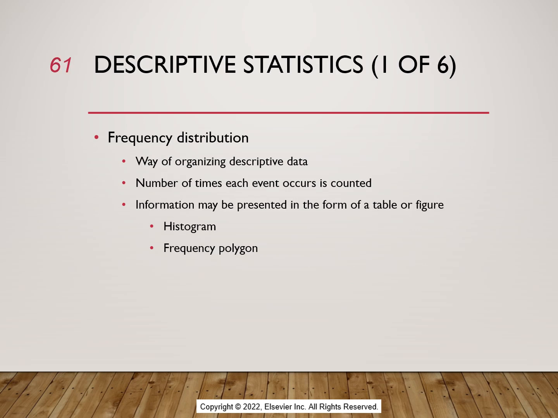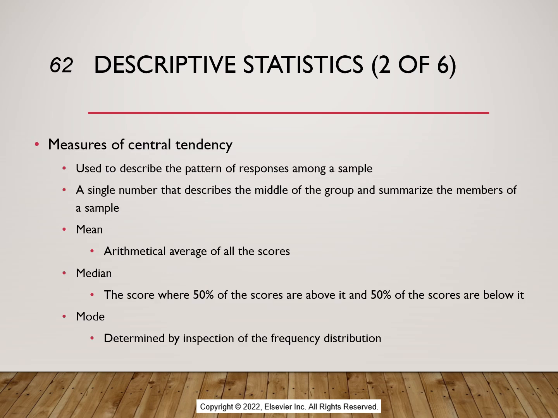Going back to descriptive statistics, oftentimes we'll see a frequency distribution, and sometimes it's in the form of a histogram or a frequency polygon. Talking about measures of central tendency again, you'll be looking for the mean, median, and mode.